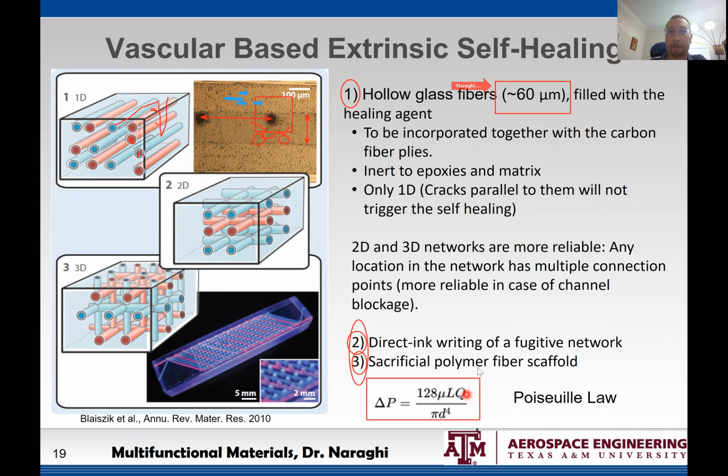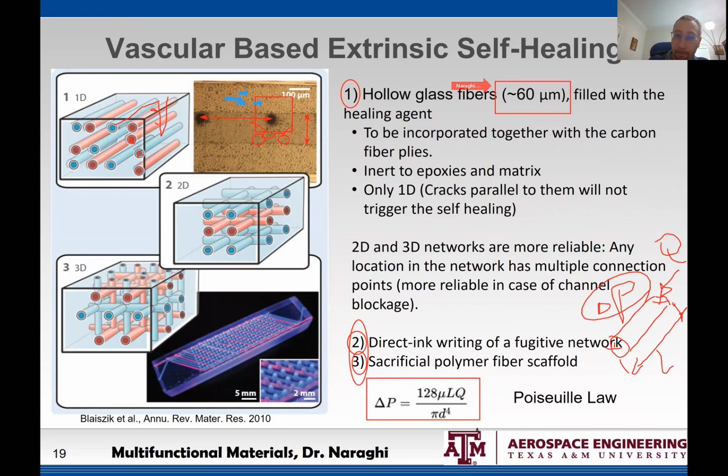So basically, if I have a tube like this and I pass a flow Q through it, and this length is L, I will have a pressure drop delta P, which means for this flow to pass through, I need to add this much pressure at the beginning of the tube.